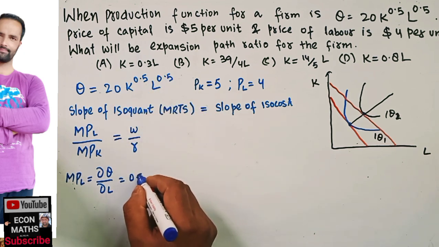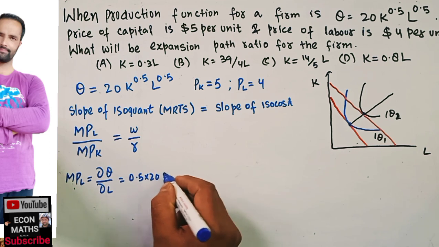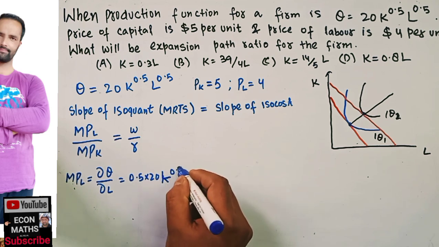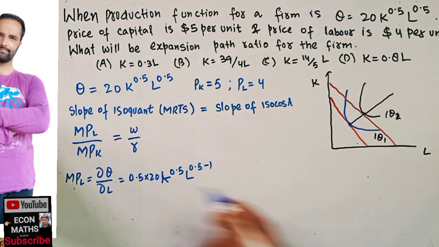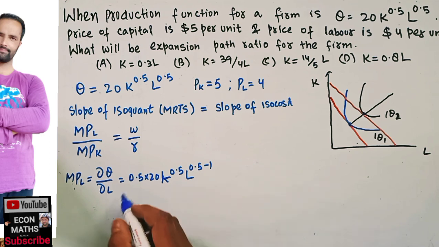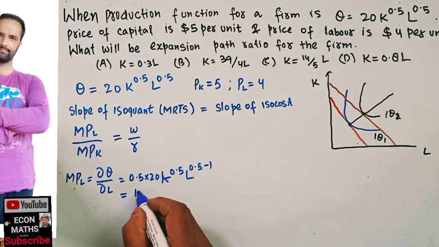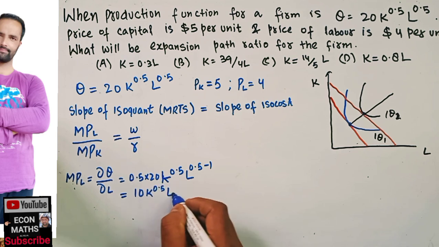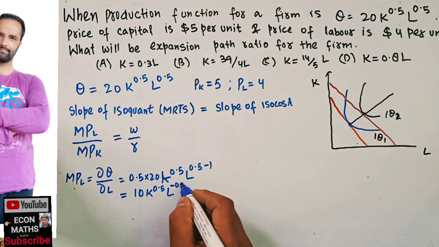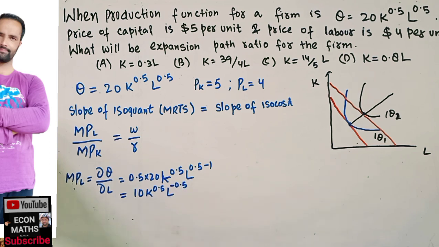So we have 0.5 into 20 K to the power 0.5 L to the power 0.5 minus 1, by the power function rule. So 0.5 into 20 comes out to be 10 K to the power 0.5 L to the power minus 0.5. So this is our MPL.